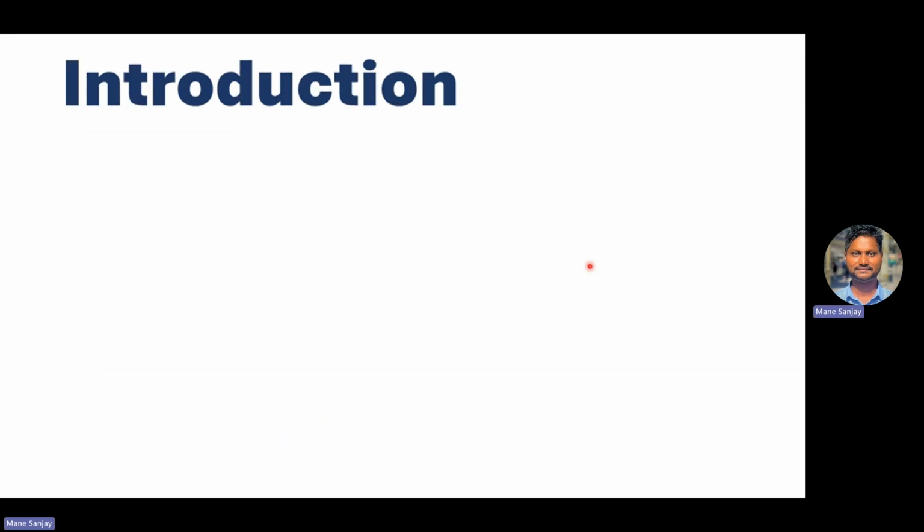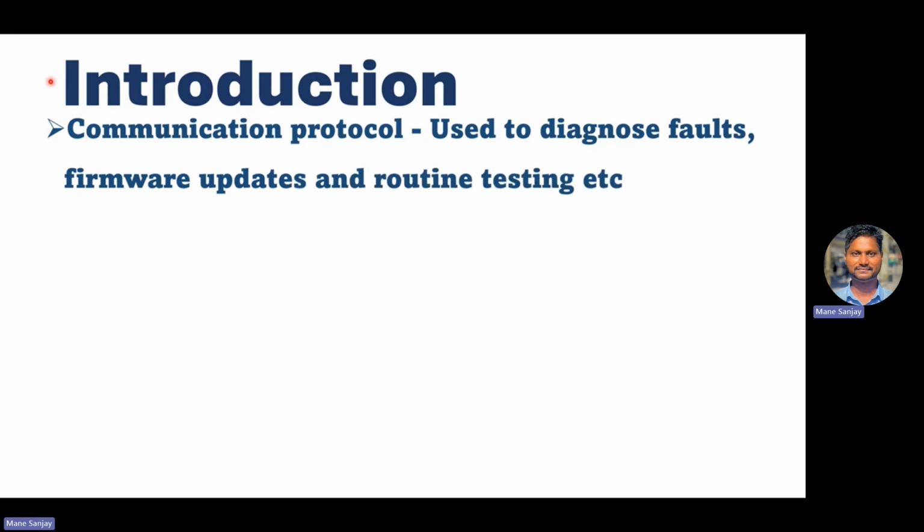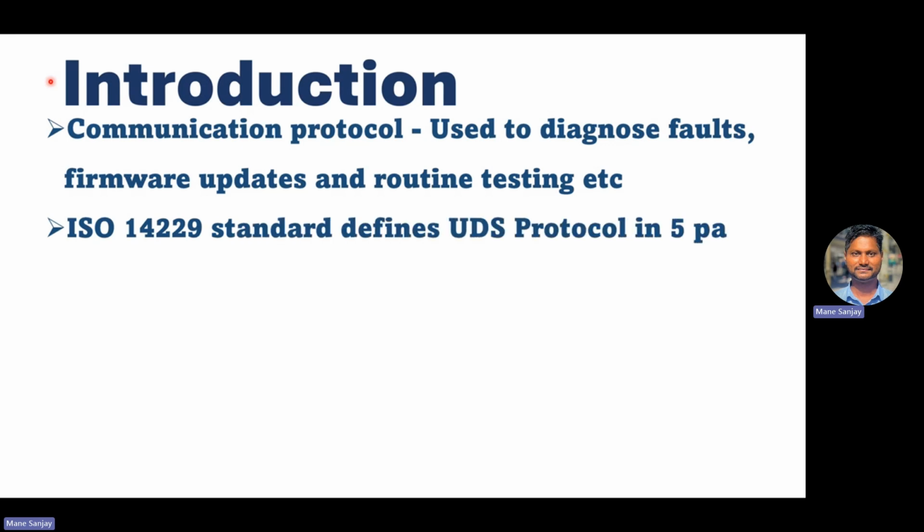So now let's jump into the introduction part. What is UDS? UDS is a communication protocol used in automotive electronic control units, called ECUs, to enable diagnostics, firmware updates, routine testing, and many more services. We'll see shortly what the different services are. The ISO 14229 standard defines UDS in 5 documents, and part 1 covers the UDS services.